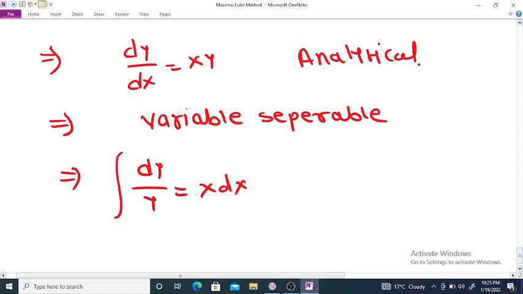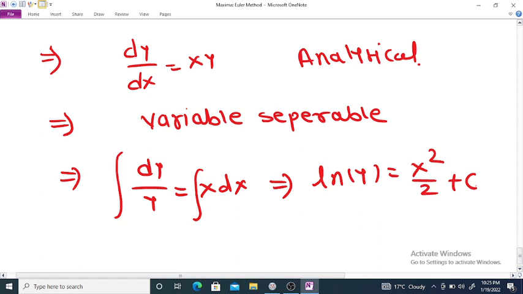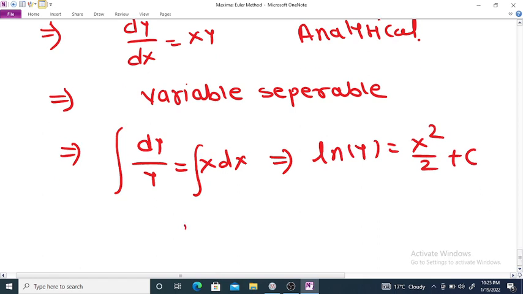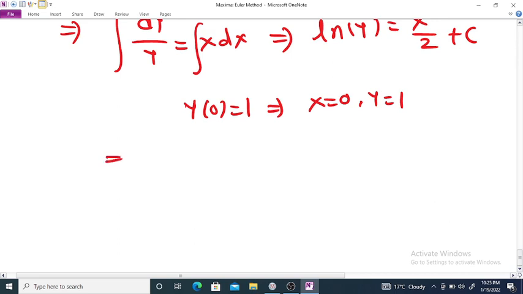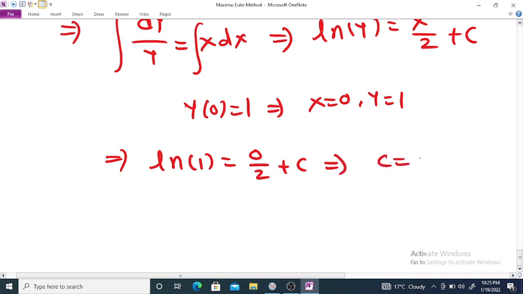Now the variables are separated, therefore if we integrate, we get ln y is equal to x square by 2 plus c. If we substitute the initial condition, y of 0 is equal to 1, that is x is equal to 0, then y is equal to 1, we get ln 1 is equal to 0 by 2 plus c, and therefore c is equal to 0.